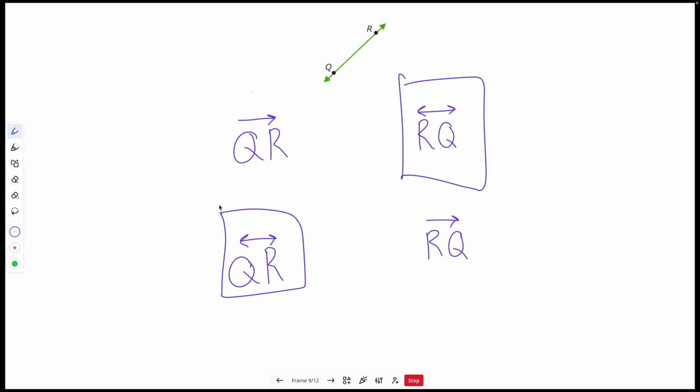Both of these are technically correct, but again, let's go in alphabetical order. So M, N, O, P, Q, R. So this one is correct. Again, this bottom right has only one arrow. Top left has only one arrow. So this bottom left is correct.